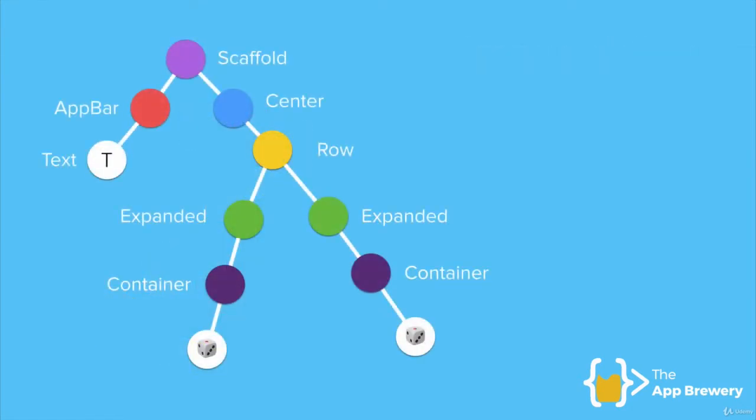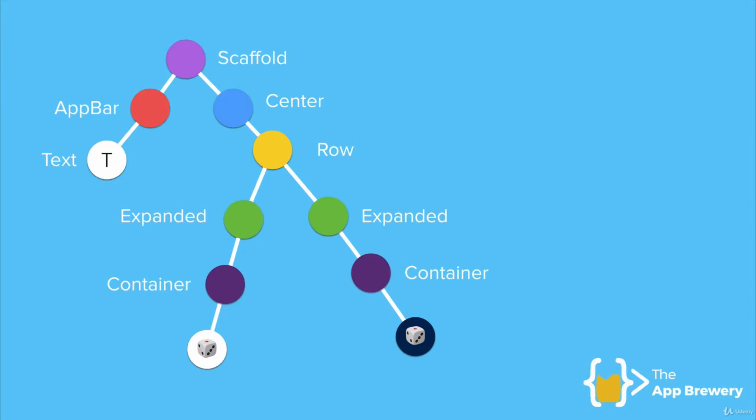What that means is that when we update a particular widget on screen, the old widget, because it's immutable, can't be changed, so it actually gets destroyed and a new one gets created in its place with the update. So for example, in this case, the widget used to have a white background, and when that widget needs to update to have a blue background, then it will get destroyed and a new one with a blue background will get created in its place. So this is how immutability works.